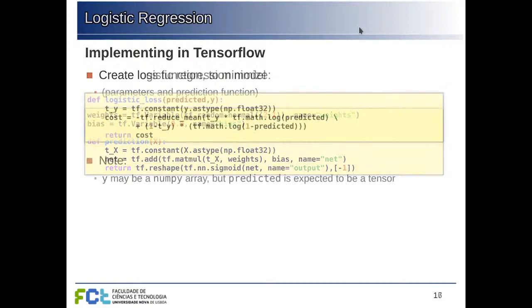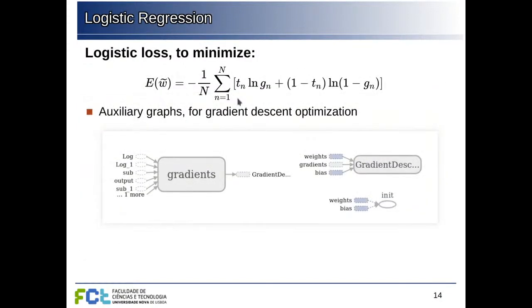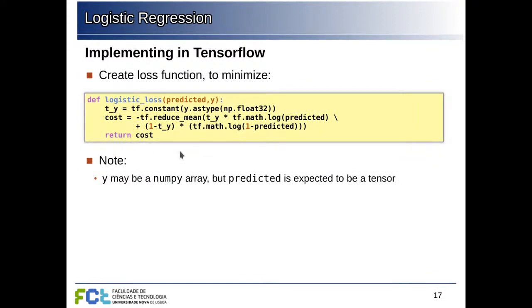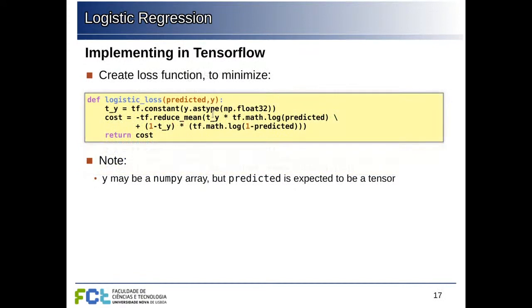And now we need to compute the loss when we compare the prediction to the desired labels. So this is the loss function here, the logistic loss. And what we're going to do is assume that the predicted labels are already a tensor, because they will be obtained from this prediction function, and this one returns a tensor. But the target labels, the y values, are probably a NumPy array. So we're going to create a tensor from that NumPy array.